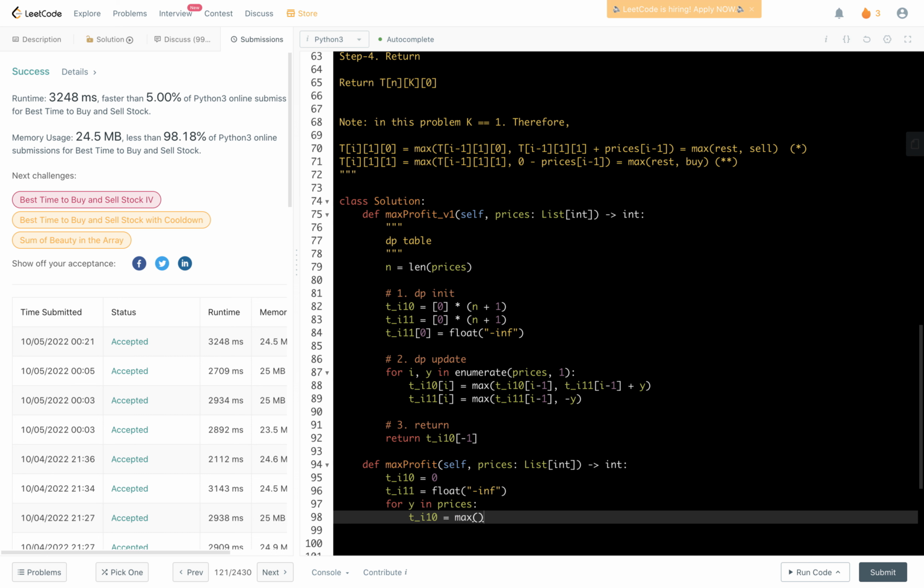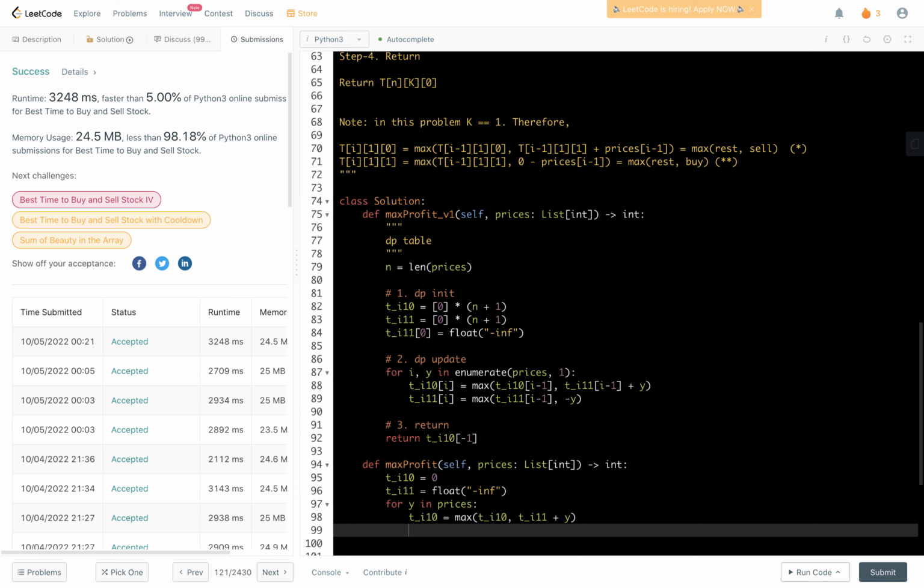So we just need to use the stock price for y in prices. And then we are going to update T_i10. So the update actually can be very easily obtained. So first, it's the maximum of its previous state, so T_i10, or we sell a stock to gain some profit, that is T_i, the previous state with stock, then plus the price, right?